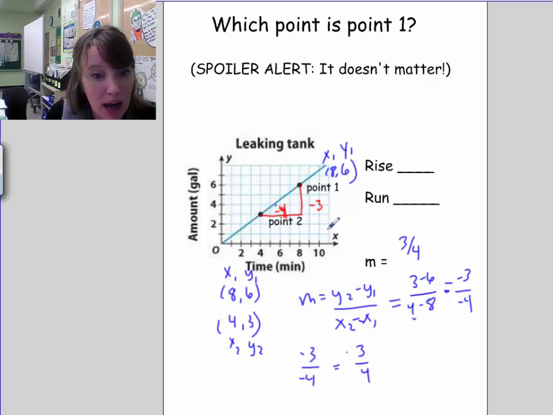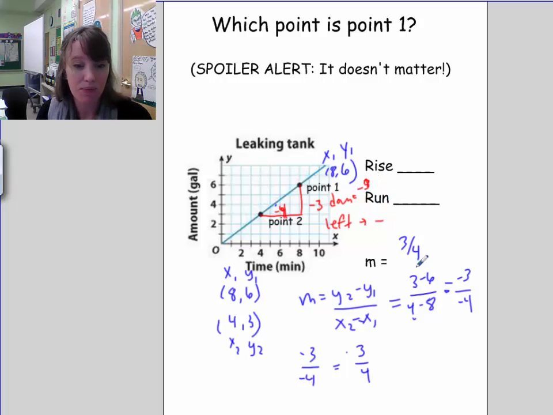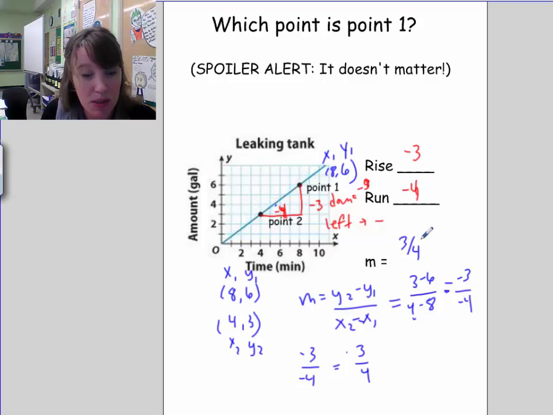If I'm going left, that indicates a negative. If I'm going down, that also indicates I make the sign of my change negative, right? So negative 3 over negative 4 would also have determined the slope as positive 3 over positive 4.